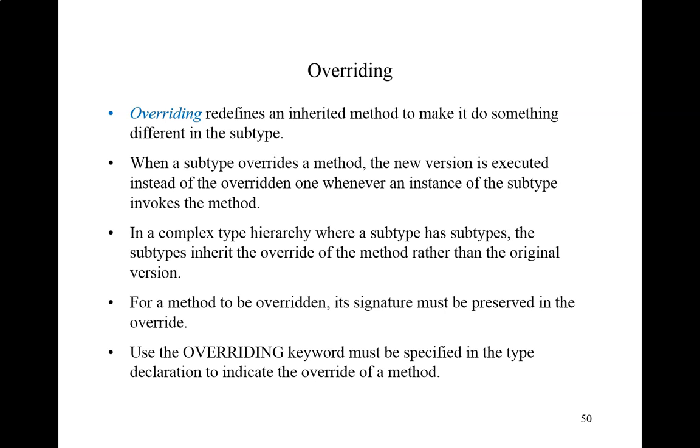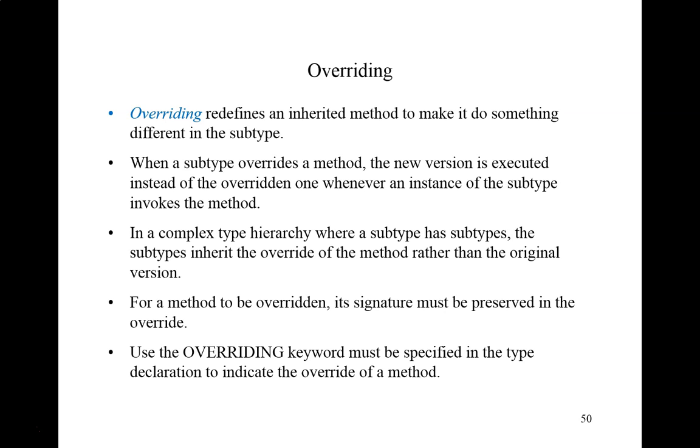For a method to be overridden, its signature must be preserved in the override. That was one difference we saw with overloading. You're changing the signature in some way. But here, it's the same signature, but it's kind of like executing a local version versus one that's far off, the inherited version.